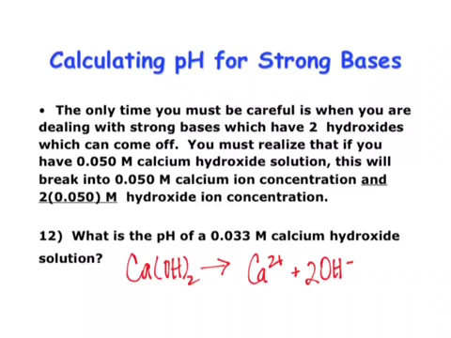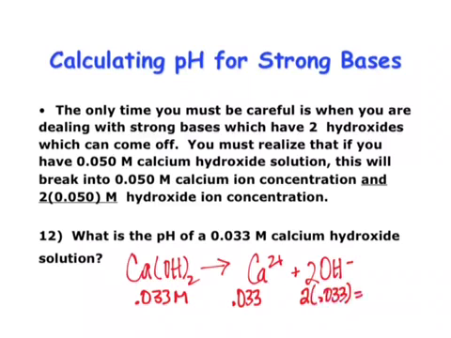Concentration of calcium hydroxide is 0.033. What's the concentration of Ca, since this is a strong base? When it breaks up, it's 0.033. OH is going to be what? 2 times 0.033.